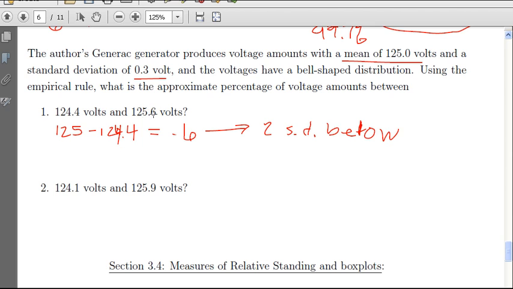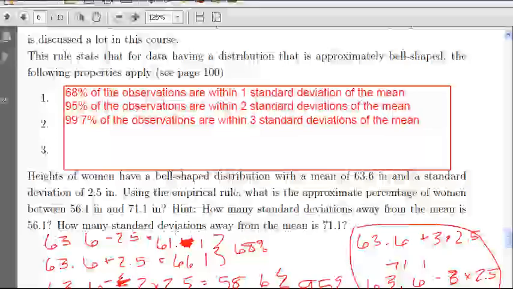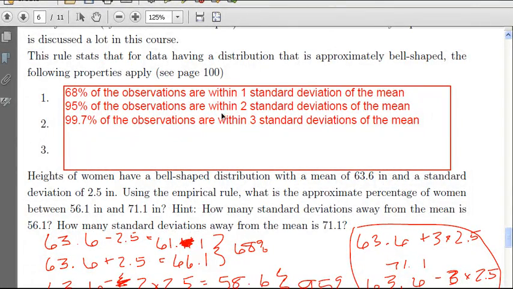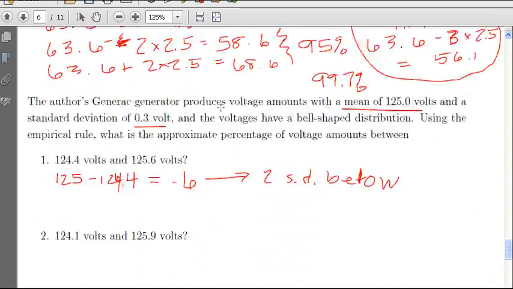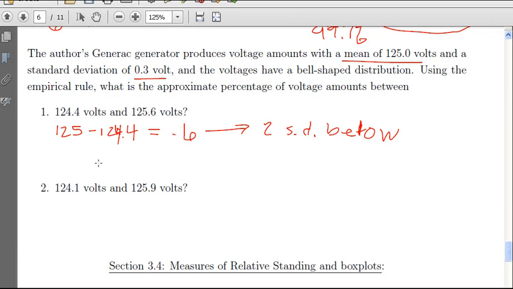Maybe this is 2 standard deviations above as well. If I take 125.6 minus 125, that's 0.6 as well. The empirical rule states that 95% of the observations are within 2 standard deviations, and I have 2 standard deviations on both sides. So the answer here is 95%.